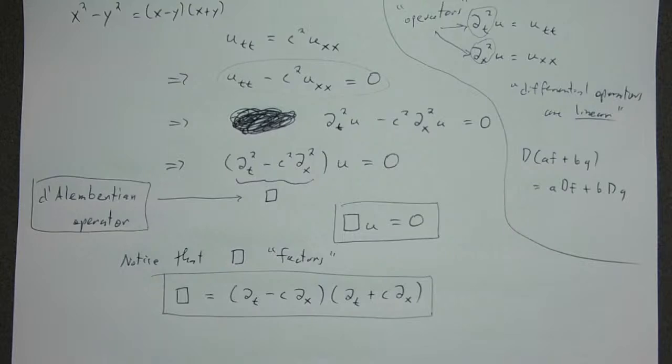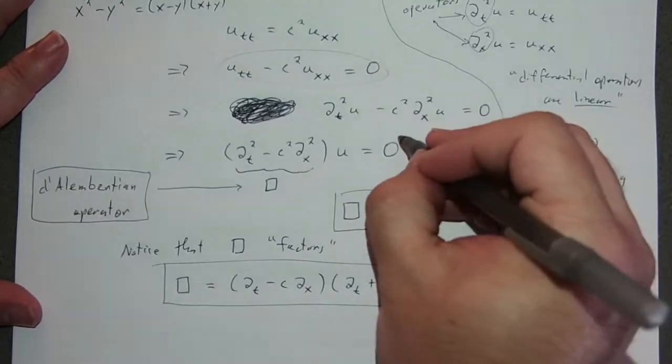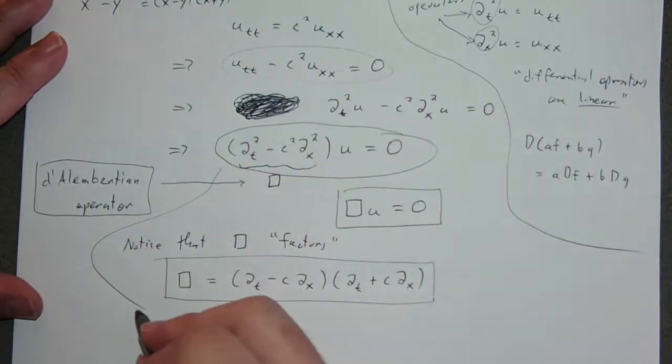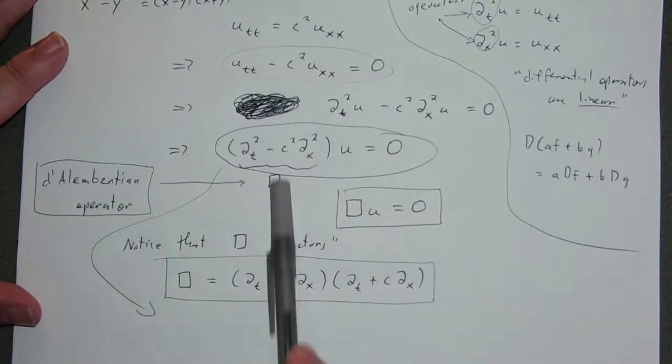Okay. Now, what does this mean? It means that if I take this equation here, since this thing factors, what do I get?